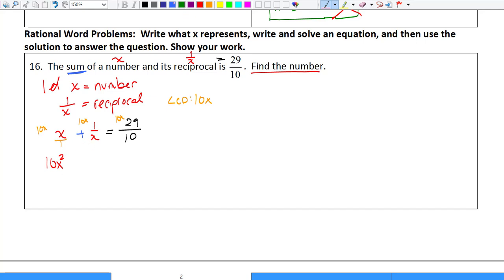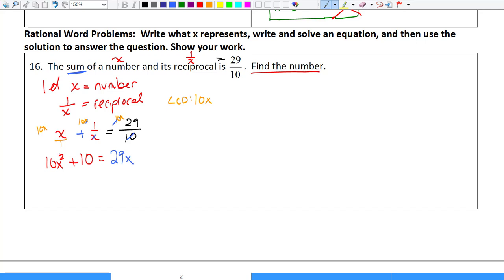On the second fraction, the x and the x cancel out, and you're left with plus 10 only. On the third fraction on the other side of the equal sign, the 10 and the 10 cancel, and we're left with 29x.